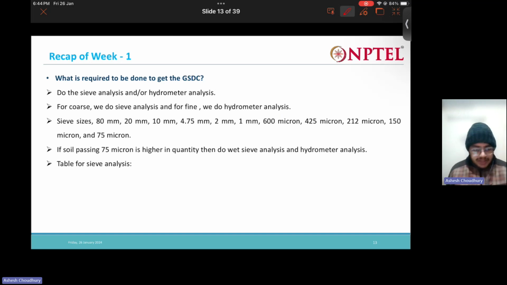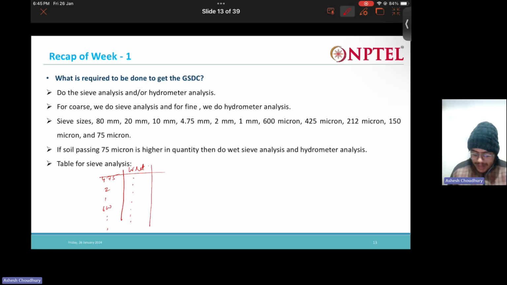Now we need to make a table. We know the particular quantity of soil that we have taken. Then we write all the sieve sizes here, like this. Then we write the weight retained in all the sieves.